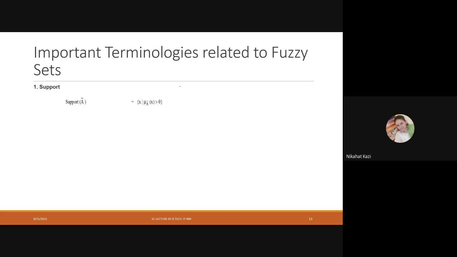Suppose my fuzzy set is (1, 0.2), (2, 0.3), and (4, 0.7). This is my fuzzy set. What is the support of this fuzzy set? The support is a crisp set, which is nothing but the elements which belong to this set.